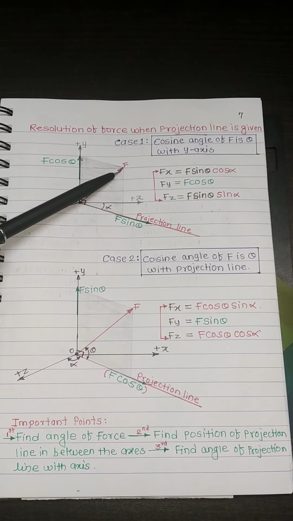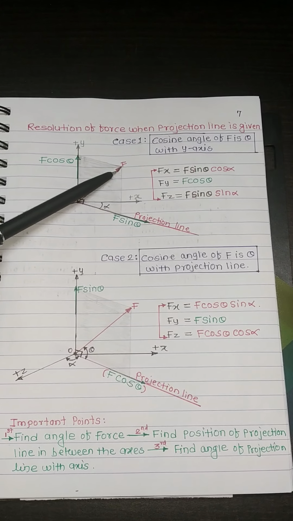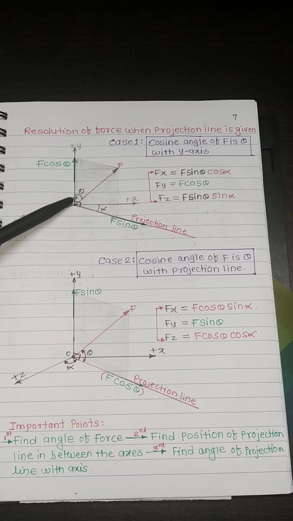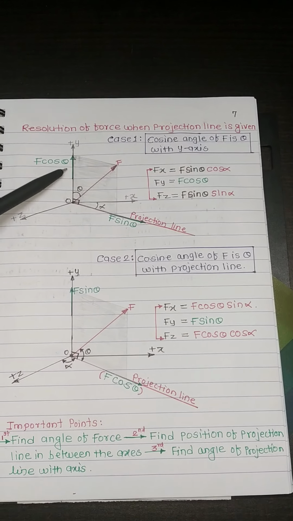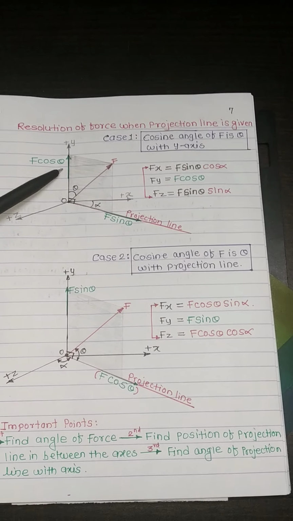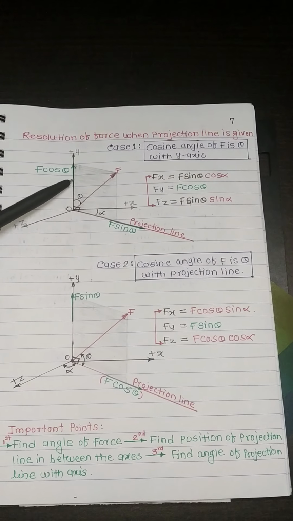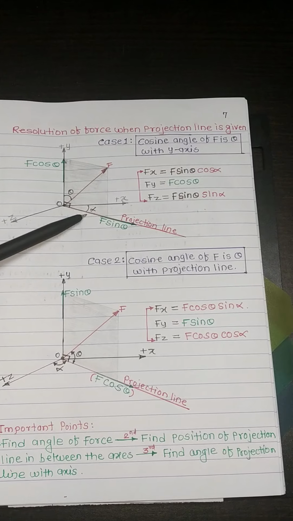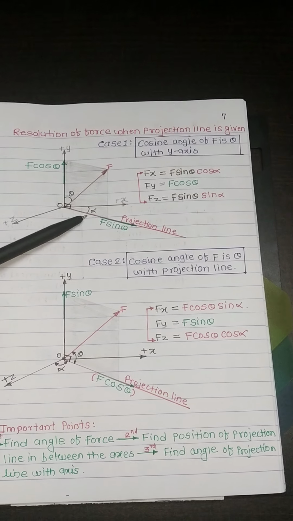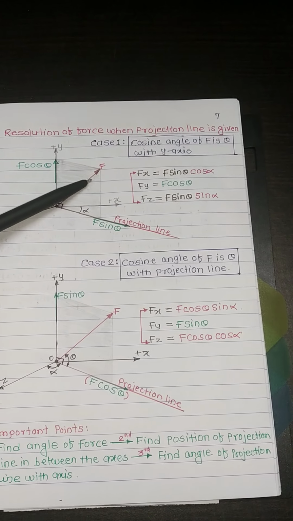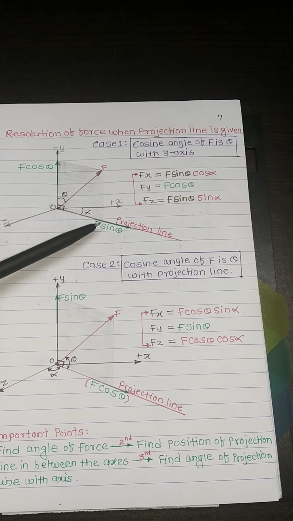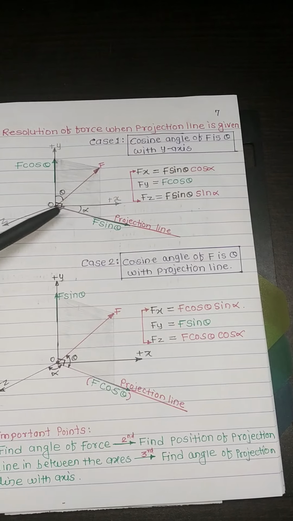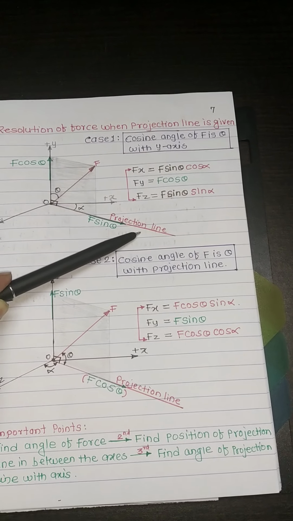Force F in this case makes an angle theta with the y-axis, therefore along the y direction there is a cos component. The y-axis and this projection line are perpendicular to each other, therefore the remaining component of F with respect to theta will be resolved along the projection line, and it will be F sin theta along the projection line.